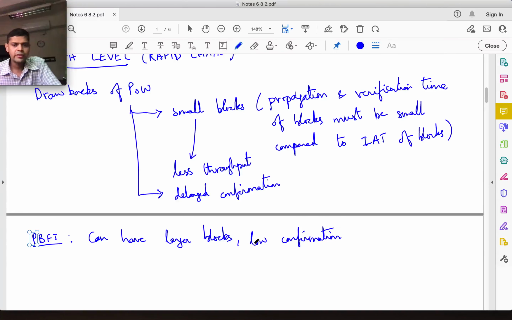The blocks will be confirmed very soon, right? It's just a few round trip times, and then you have confirmation, right? And once you have confirmation, the next block can be sent out, right? So you have higher throughput and quicker confirmation.